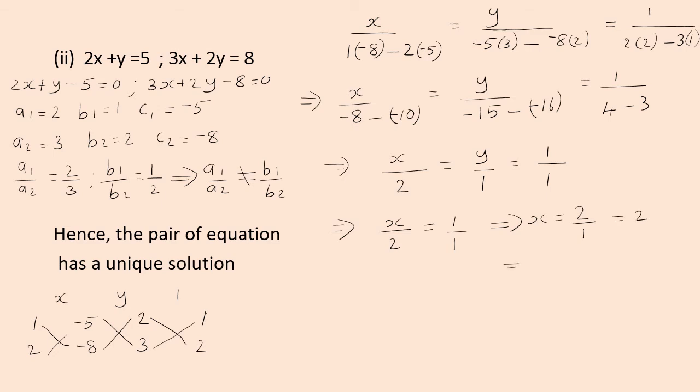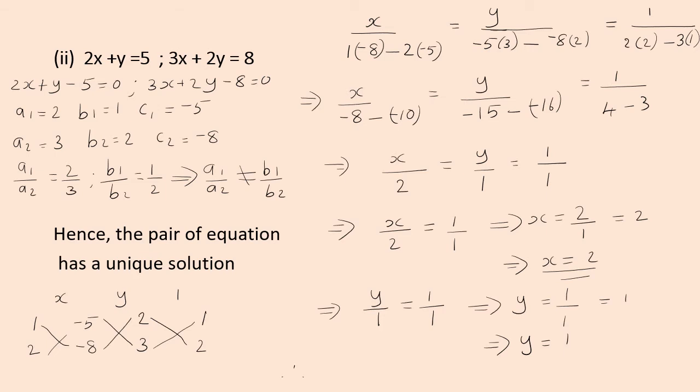So you are getting x equal to 2. Same way you have to compare the second member and the last, that is y upon 1 equal to 1 upon 1. From this you will get y equal to 1 multiplied by 1 is 1 upon 1, that is equal to 1. Therefore, you are getting y equal to 1.